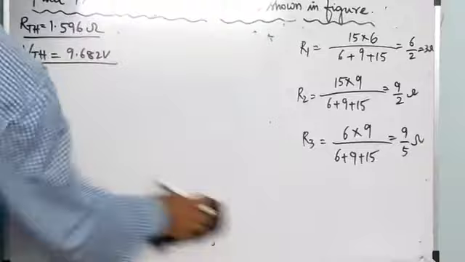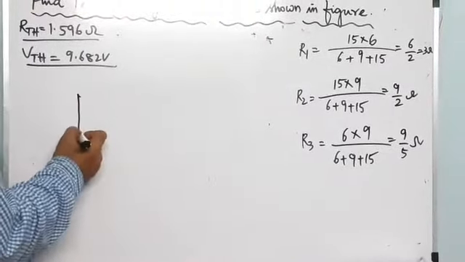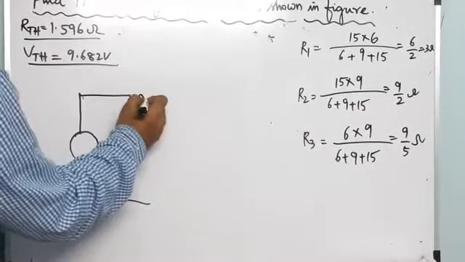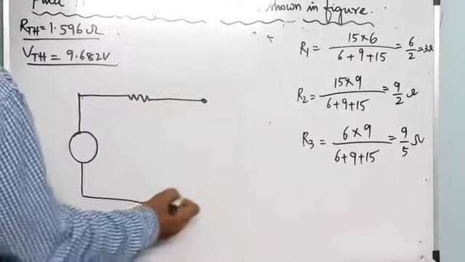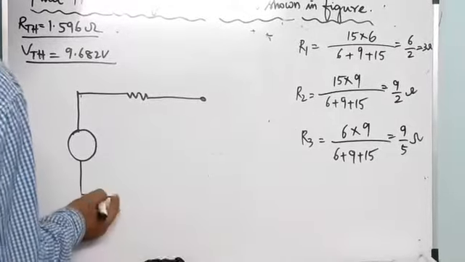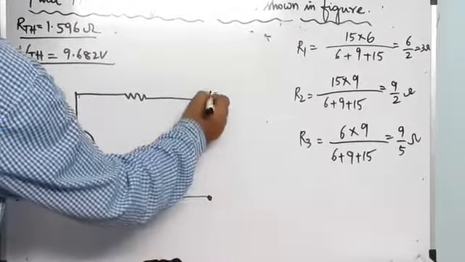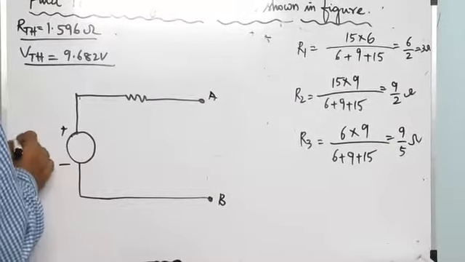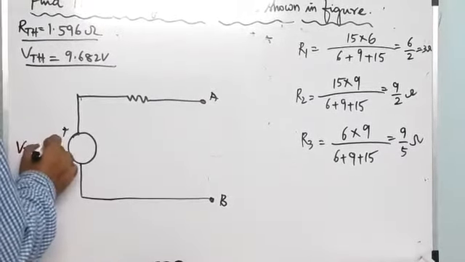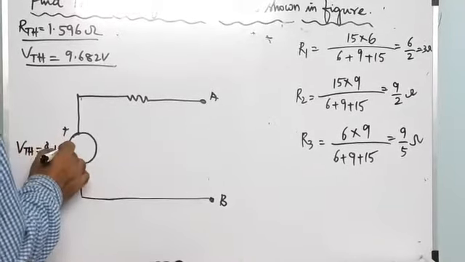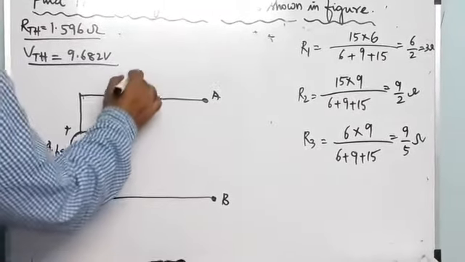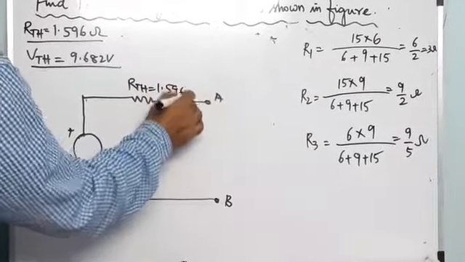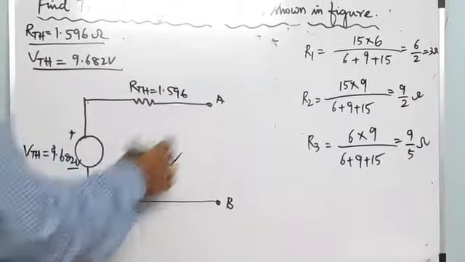The equivalent circuit is a voltage source and a resistance connected in series, with AB terminals. VTH is 9.682 volts and RTH is equal to 1.596 ohms. That's all. This is the answer.